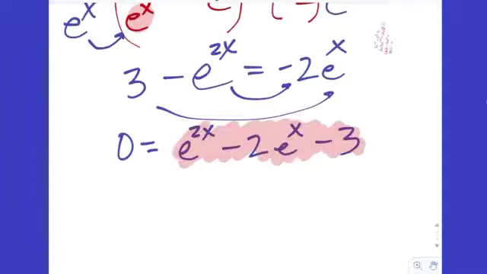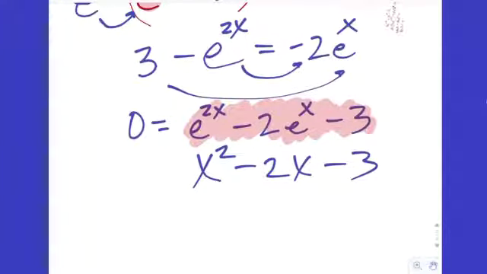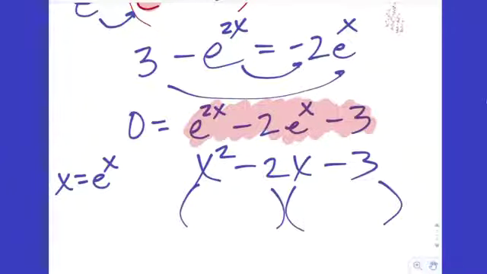Except instead of plain old x squared and plain old x, we have e to the 2x and e to the x. This is analogous to what I wrote right below there. The only difference is, like I said, instead of x, we have an e to the x. Okay? So if we had x squared minus 2x minus 3, could you factor that? And the answer is, heck yeah, we could.